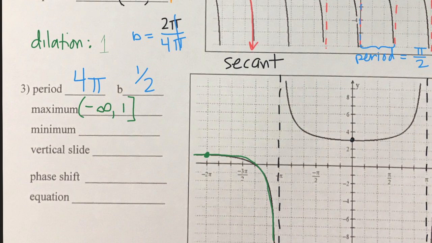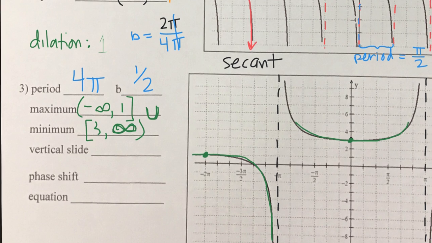And then the minimum is going to be this point right here, which is the lowest point of the top part of your secant graph, and that's at 3. So what we're actually doing is writing the range of your secant from negative infinity to positive 1, and then again from 3 to infinity. Okay? So that's what these are going to be like for a secant or a cosecant graph.